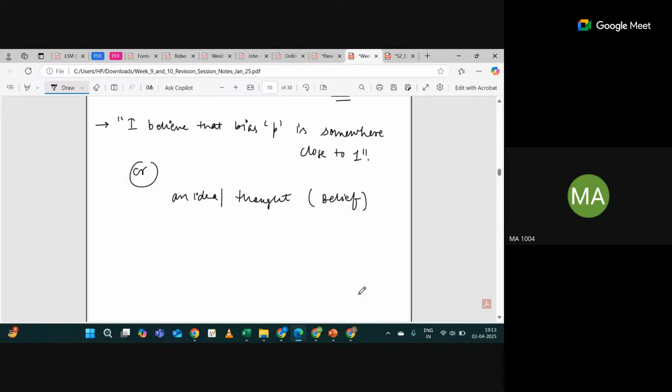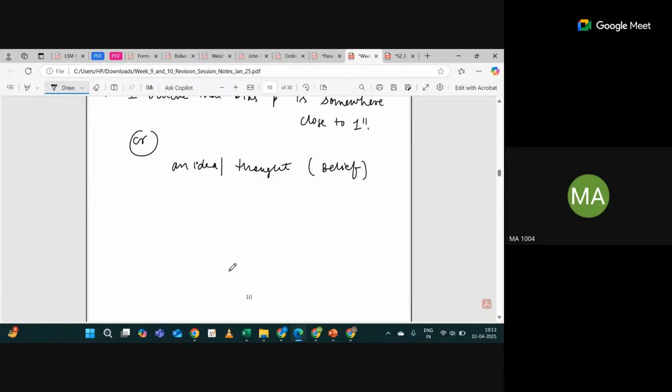Now, what is the main question? Your main question should be: is there any principled way in which I can incorporate our belief along with the data into our estimation process?